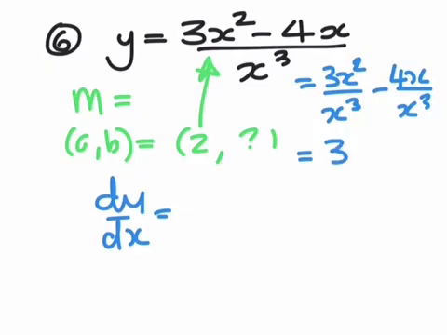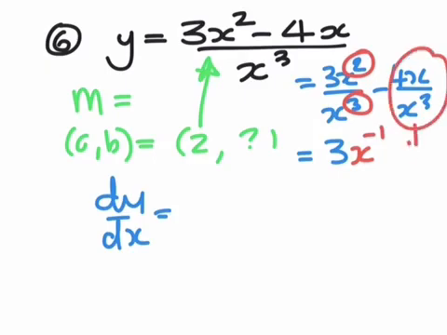Now you can remember, I hope, from your work with indices, that when you divide, you subtract the powers here. So that means 3x to the negative 1. Then you do something similar for this one. Tidy it all up, and then you're at the differentiation stage.